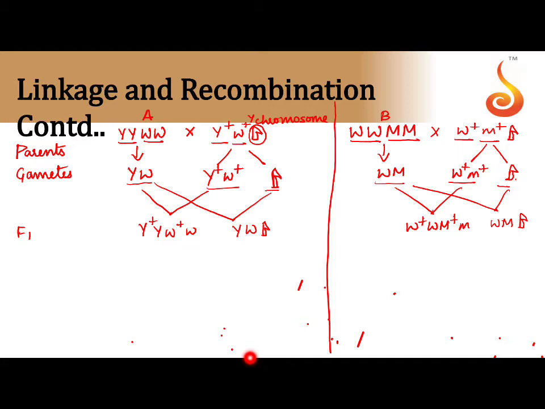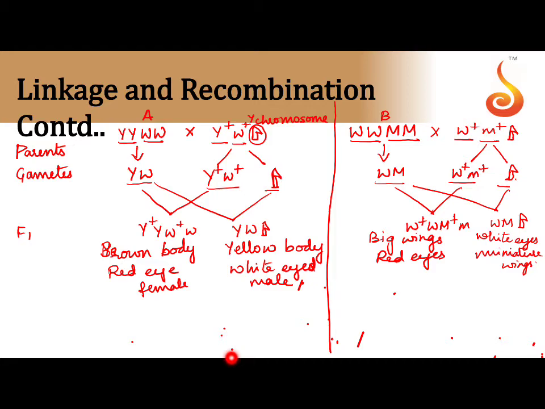You will be amazed to see that it is a reciprocal cross. Reciprocal cross means you had started off with yellow body and white eyed female, right? Now, you see the males are yellow body and white eyed, whereas you had started with brown body and red eyes in case of males. Now, the females are brown body and red eyes in condition 1.